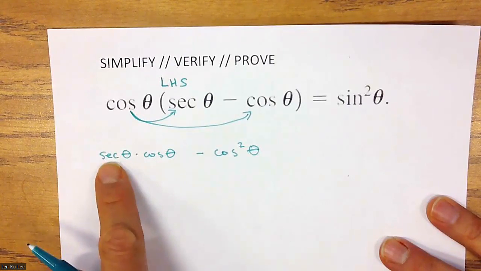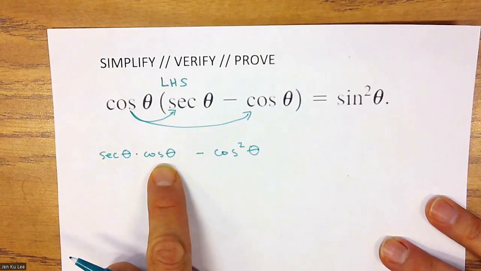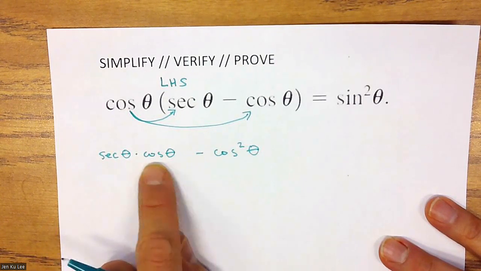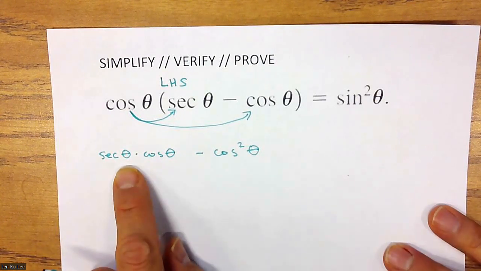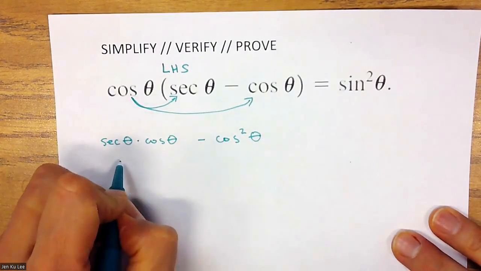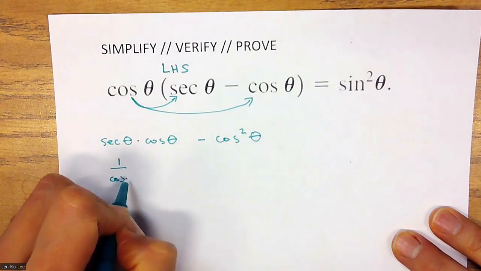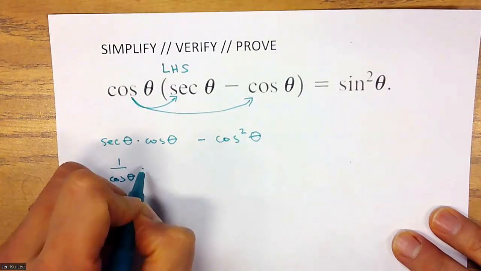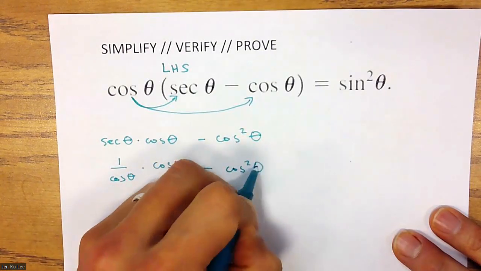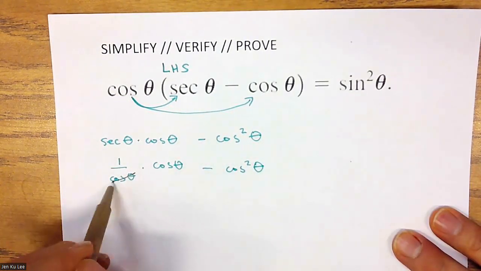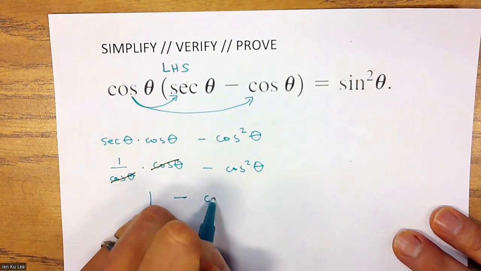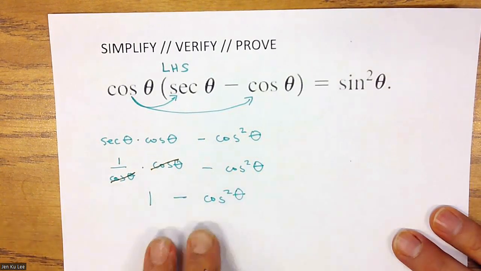And what is secant times cosine? Remember our reciprocal identities, secant equals 1 over cosine. So we have 1 over cosine of theta times cosine of theta minus cosine squared theta. So these two cancel out, and we just have 1 minus cosine squared theta, right?